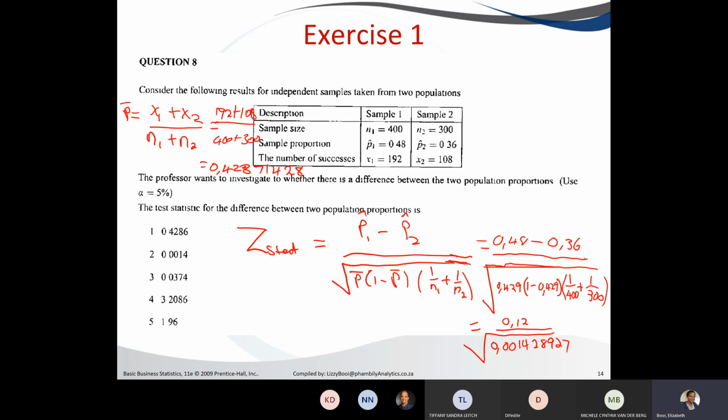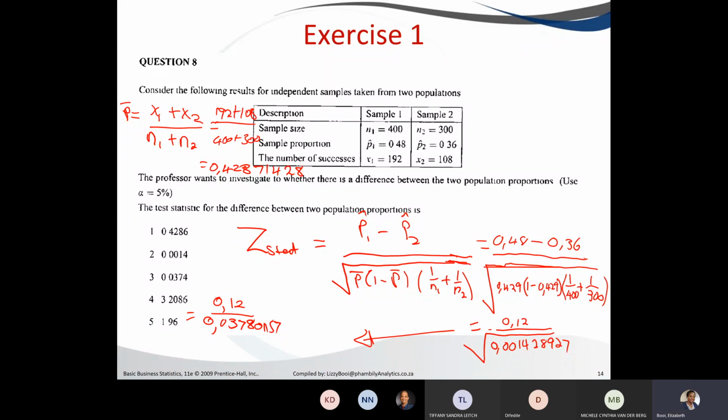And if I take the square root of that answer, I get 0.037.